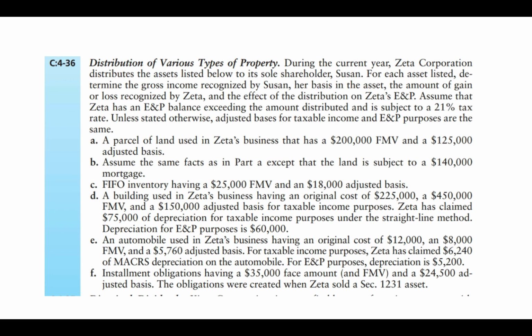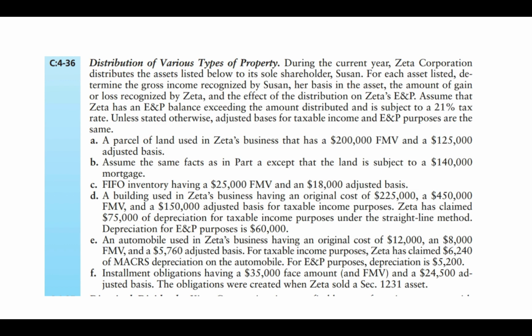Okay, in Part A, a parcel of land used in Zeta's business that has a $200,000 fair market value and a $125,000 adjusted basis is distributed. Okay, so we know it's going to be a dividend to the extent of earnings and profits. They tell us we have enough earnings and profits. We don't have to worry about that.